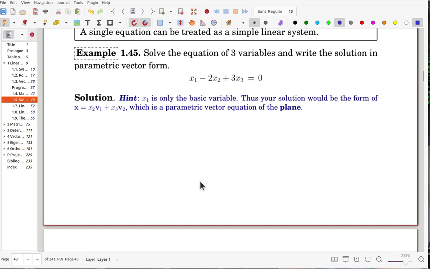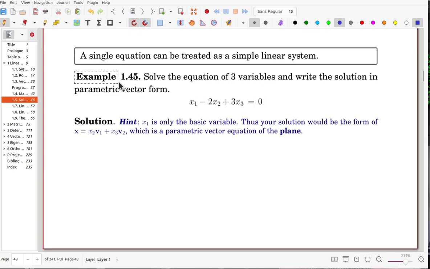Also, a single equation can be treated as a simple linear system. Solve the equation of 3 variables and write the solution in parametric form. To solve this one, again, we start with the augmented matrix.